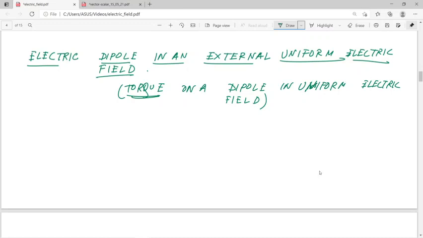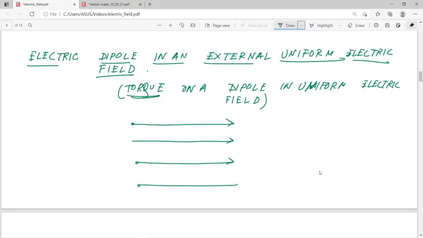So what does it mean? This is the uniform electric field, and an electric dipole is placed like that. Say that is a positive charge and that is a negative charge.